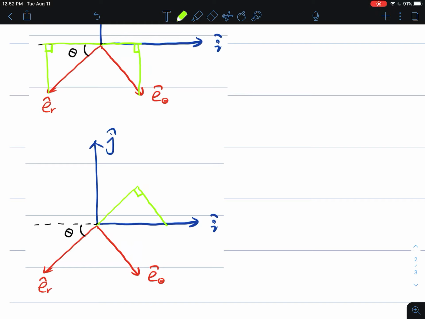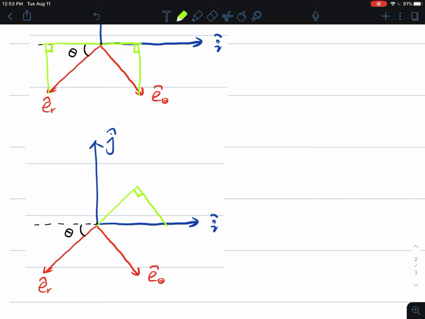Let's build another triangle. Oops, excuse me, I think I said it wrong. We should use J as the hypotenuse, and one edge parallel to ER, another edge parallel to E theta. All right.